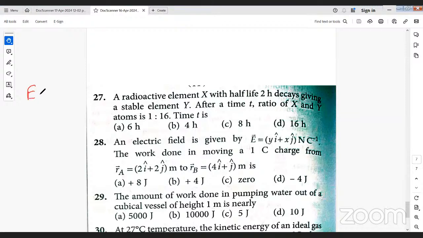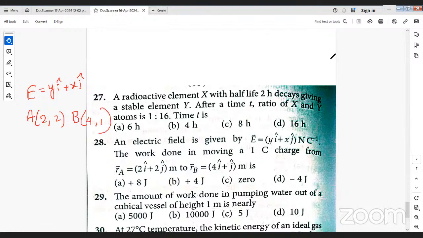The electric field is equal to y i cap plus x j cap. If you are comparing with rA and rB, the coordinates for A are 2, 2, and for B it is 4, 1.